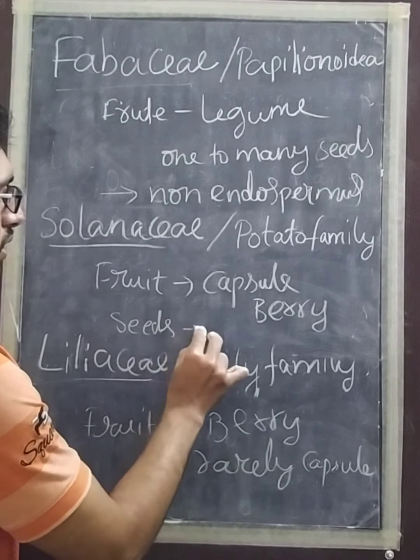The seeds in the Liliaceae family are also endospermous. Right, so this is the condition of fruit and seeds in the three families, that is Fabaceae, Solanaceae and Liliaceae.